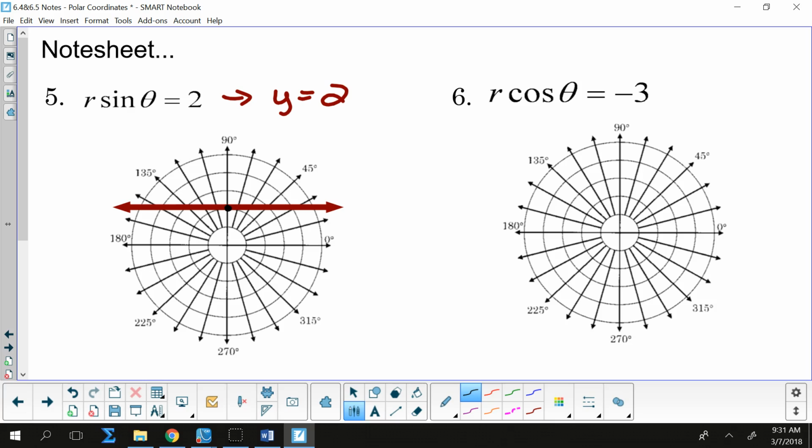r cosine of theta equals -3. r cosine of theta is what? x. So this really is x equals -3. What kind of a line is that? Vertical line. It's got to go through -3. So the -3, 1, 2, 3.